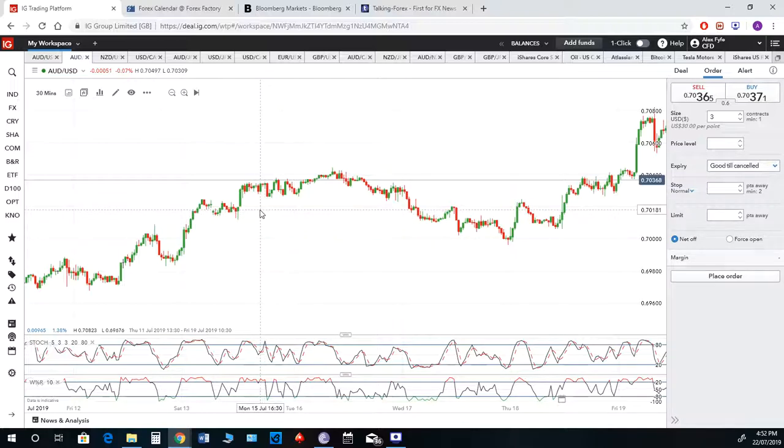The market at IG Markets for options in currencies opens up at 4:30 Australian Central Standard Time. This chart here is actually in Australian Eastern Standard Time, so 4:30 there is actually 4 o'clock in Australian Central Standard Time. So I'll take my gauge from here.